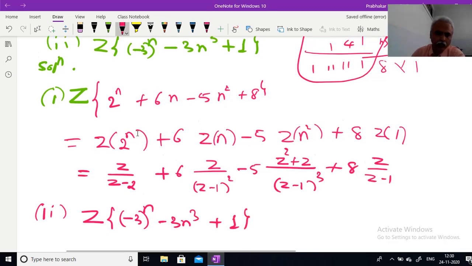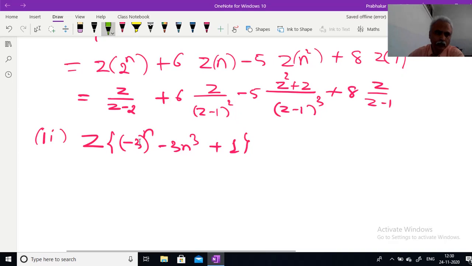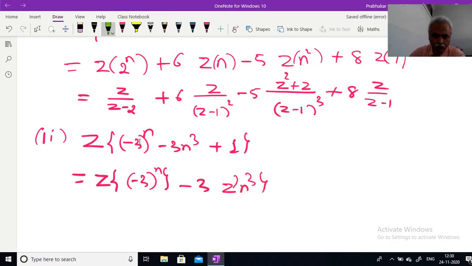Use the linearity property to separate out the Z transform of the first term, minus the Z transform of the second term, plus the Z transform of the third term.